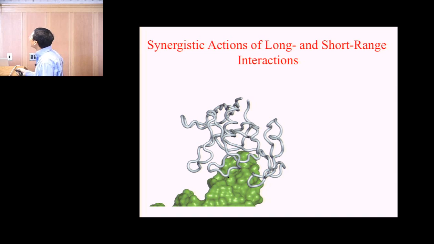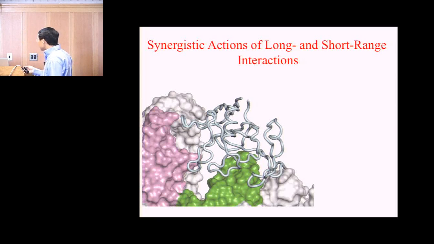This is a representative configuration of the transient complex for the binding of the ribotoxin to the isolated ribosomal RNA fragment. Now, if you place this transient complex in the context of the ribosome, then one sees that you have clashes between the ribotoxin and the neighboring ribosomal proteins.